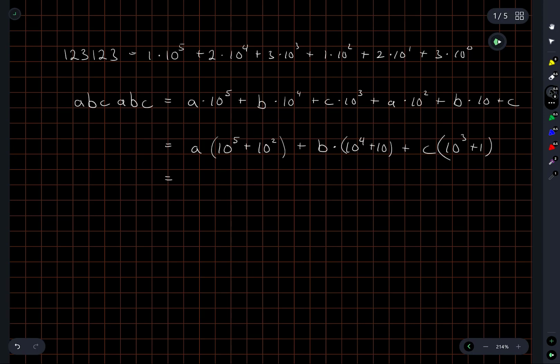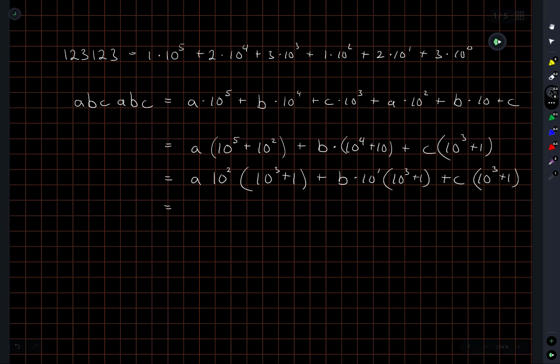And this is equal to, I can factor out some multiples of 10 from all this. And I end up with, you'll see there's a common factor everywhere here of 10 to the 3 plus 1.